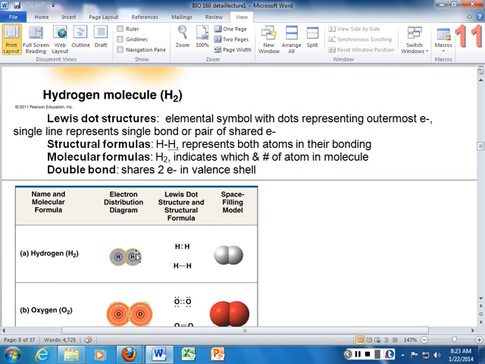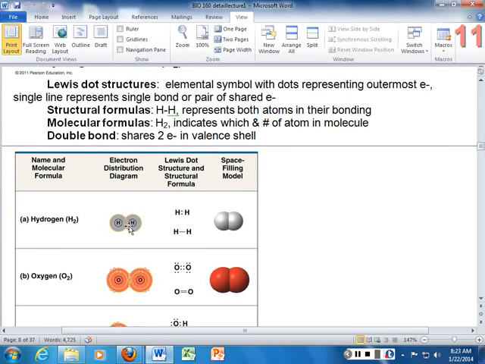So when we talk about there being 2 hydrogens, if you use the electron distribution diagram, it's that orbital model that shows them together. If you use the Lewis dot structures, it would be saying you've got 2 hydrogens next to each other like that to give you an idea of the shape. And then if you do the space filling model where it's more of those clouds, it shows the picture like this.